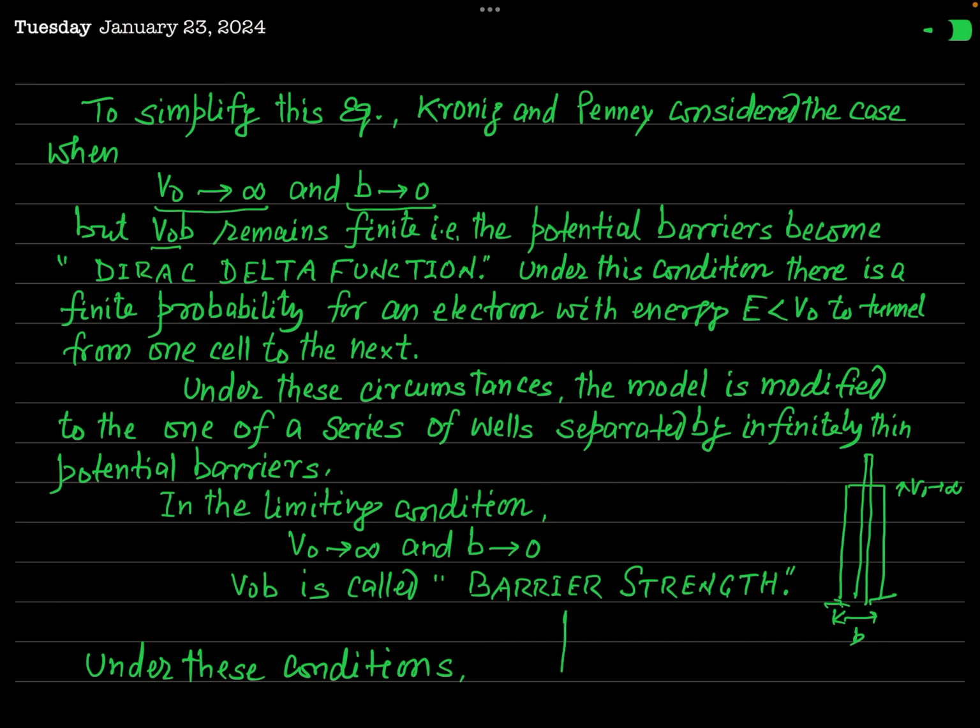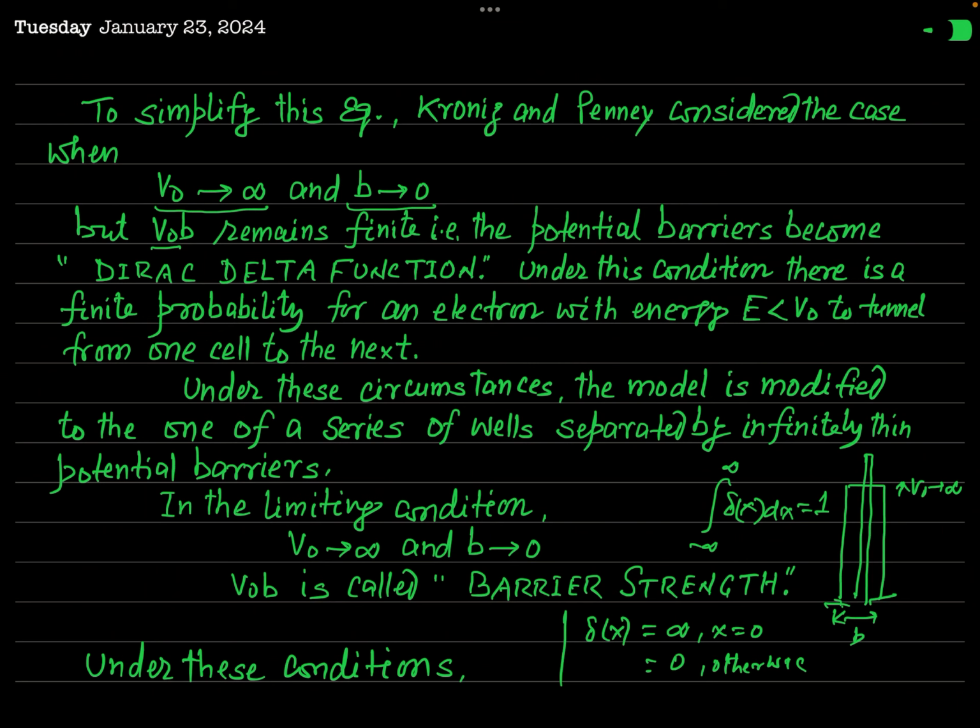You know from the definition of the Dirac delta function that delta(x) is infinity at x equal to 0 and 0 otherwise, but the area under this delta function, the integral of delta(x) dx from minus infinity to plus infinity, is always equal to 1 and remains constant.